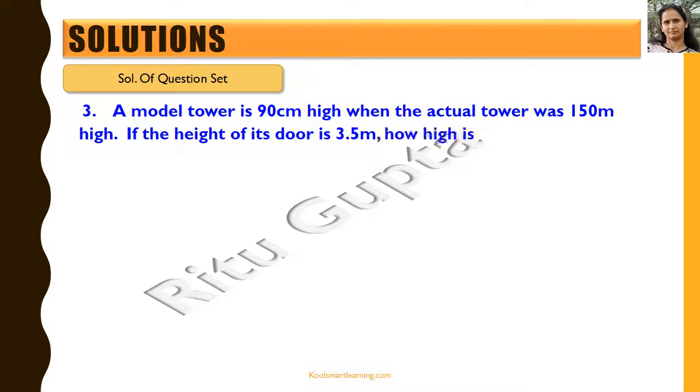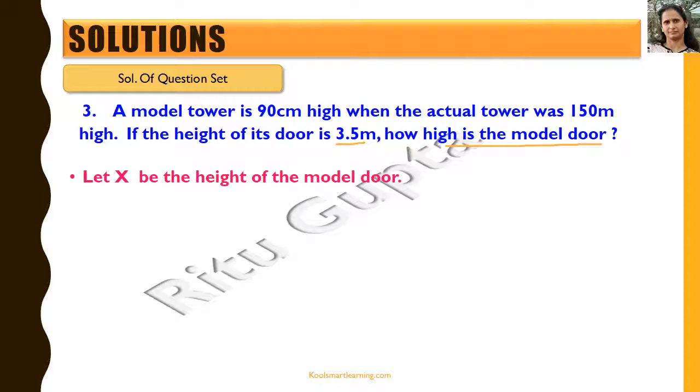A model tower is 90 centimeter high when the actual tower was 150 meter high. So we have a tower of 150 meter and we make a model for that which is 90 centimeter high. Now if the height of a door in the tower is 3.5 meter, we need to find out how high will be the model.